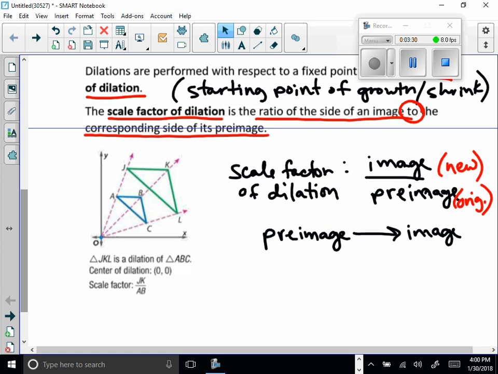We have a little picture here. You can see that everything is coming from the origin, and for this particular problem, that's the center of dilation. It says triangle JKL is a dilation of ABC, which means that ABC is the original or the pre-image, and JKL is the new figure or the image.